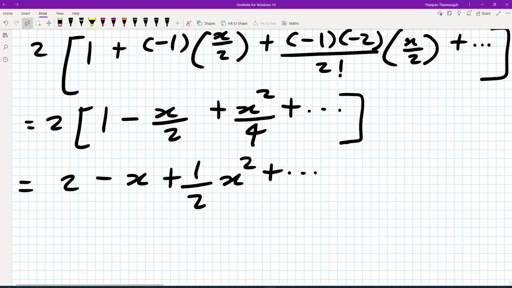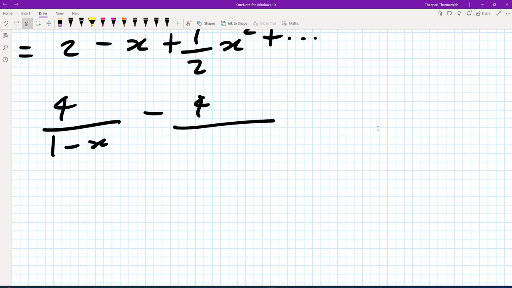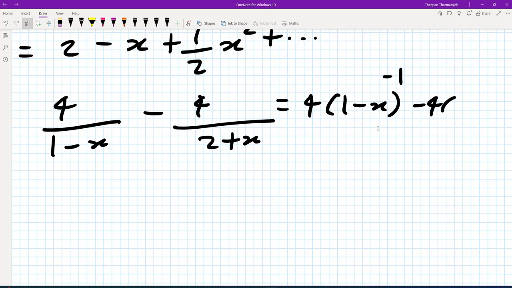So now we want to combine the two. We're going to say that 4 over 1 minus x minus 4 over 2 plus x, or in other words, 4 times 1 minus x raised to the power minus 1 minus 4 times 2 plus x raised to the power minus 1.